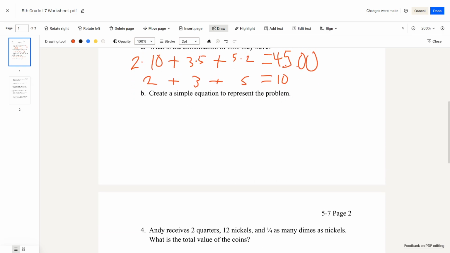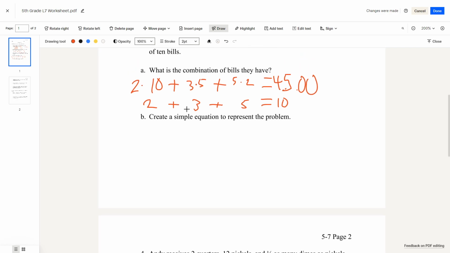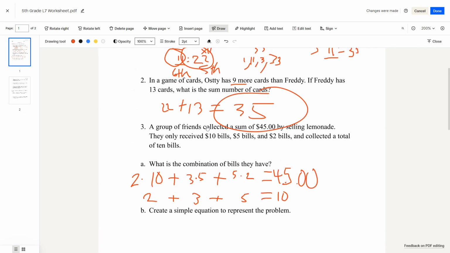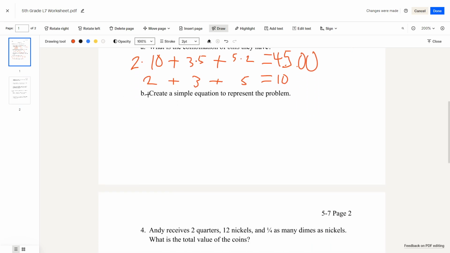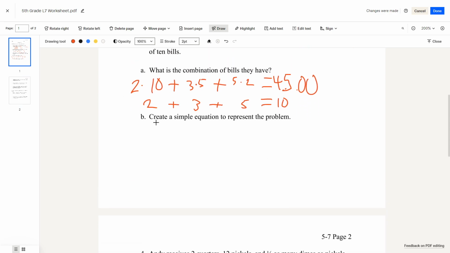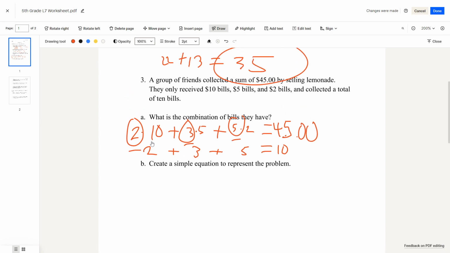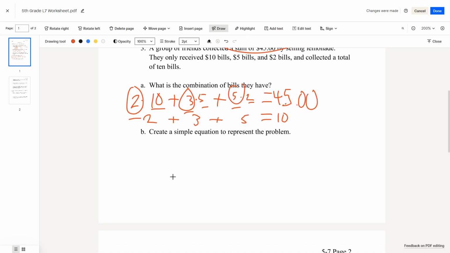Create a simple equation to represent the problem. We can just make the equation of the number of each bill that you need. Since we have 3 different numbers to multiply to 3 different values, we need 3 different variables.